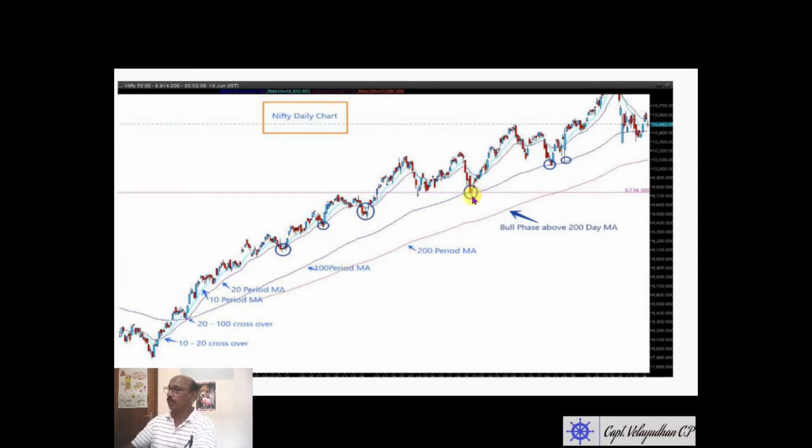Here it broke, but it didn't close below the 100 period. So here also it took support, not broken. So the price held all the way till here.